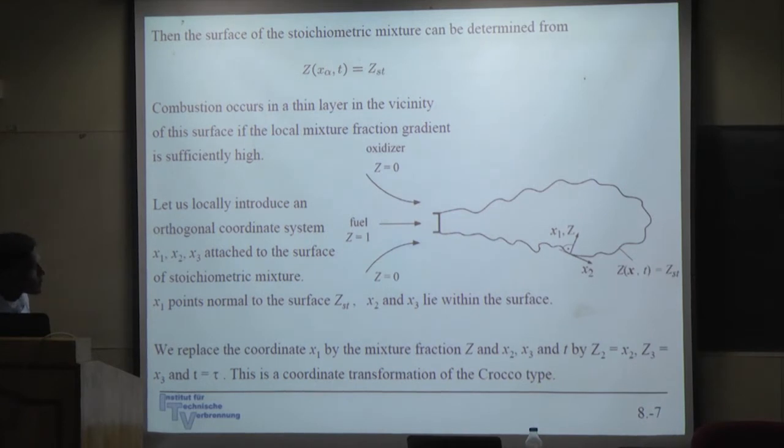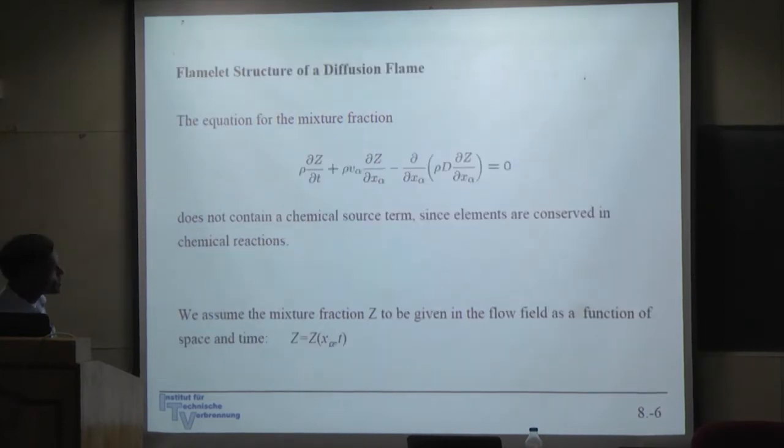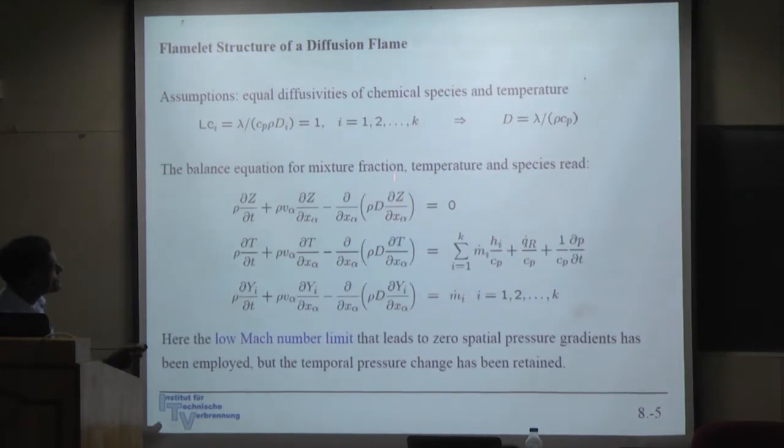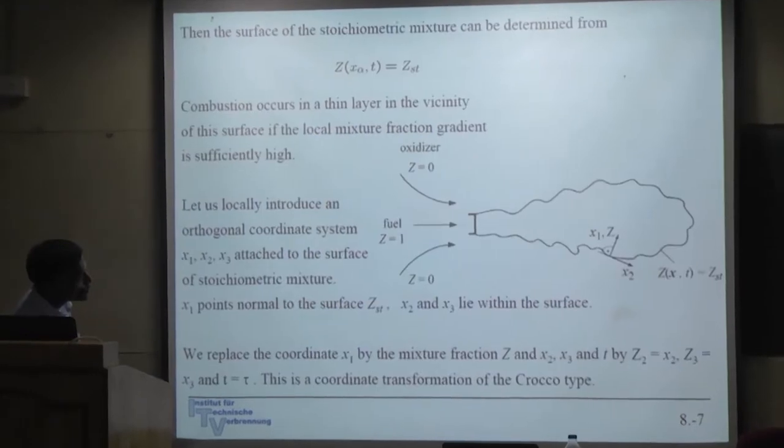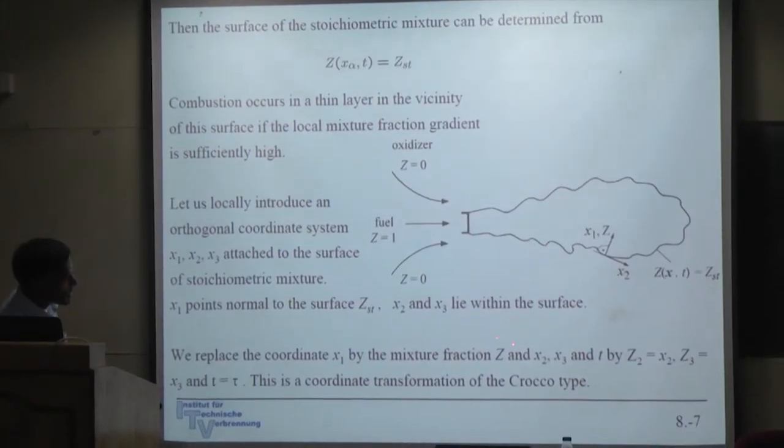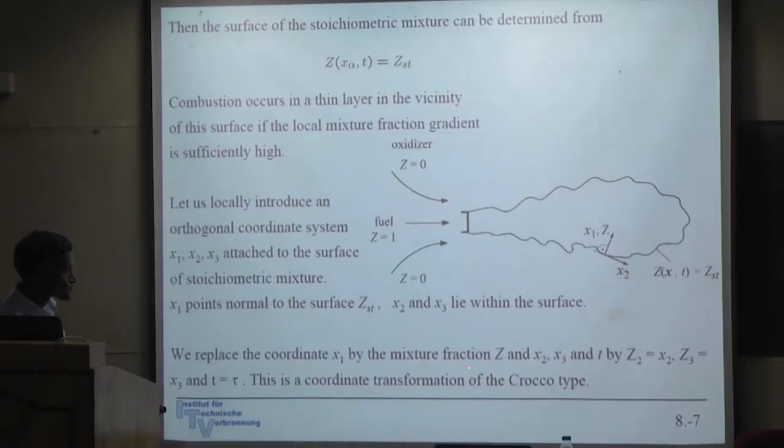Now if you take this set of equations and transform from X to a new set of coordinates, where you replace the coordinates with Z, X2, X3, so you have Z, X2, X3 in time.